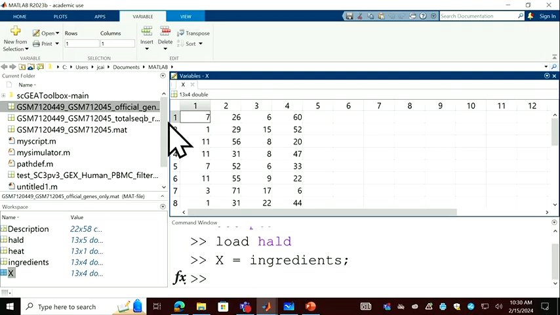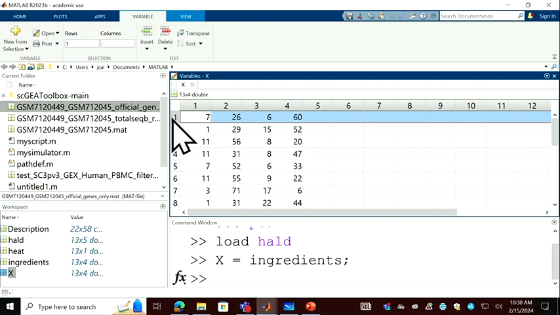So each sample is defined by 4 numbers, so we are dealing with a 4D data set. This is cell by gene, but in our toolbox, we use a gene by cell matrix, so you need to transpose if you decide to use this.